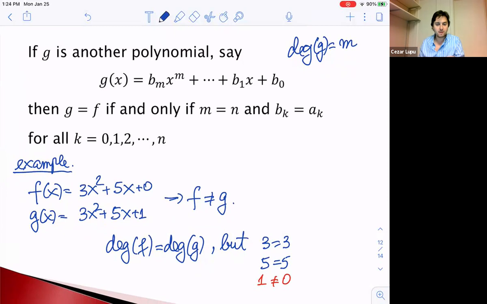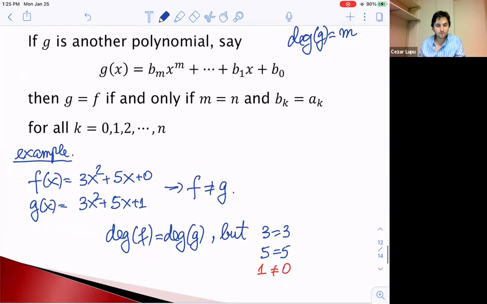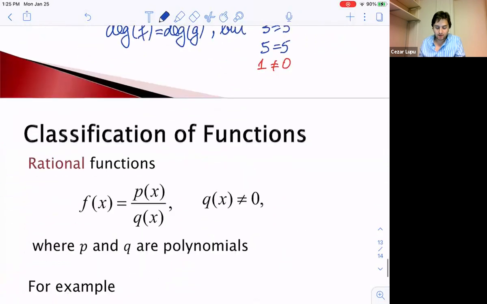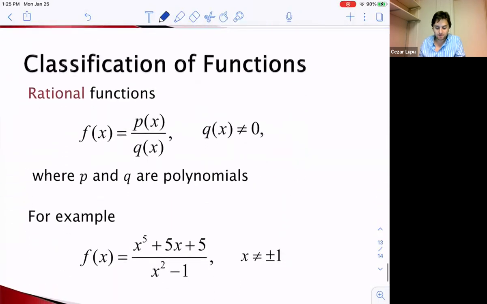The only thing that's different is the last coefficient. The constant term of f is 0 and the constant term of g is 1. So unfortunately, 0 is not 1, or fortunately. So these two are not equal. All right, now let's see some other type of functions.